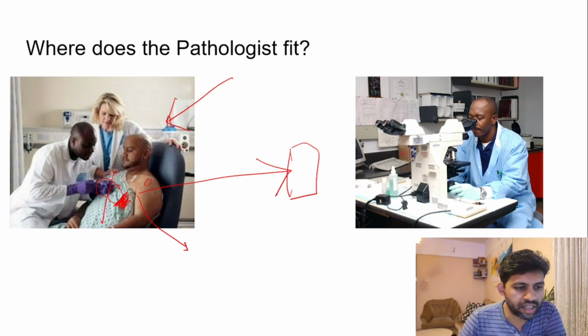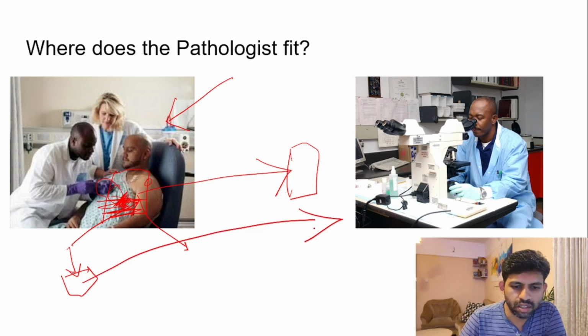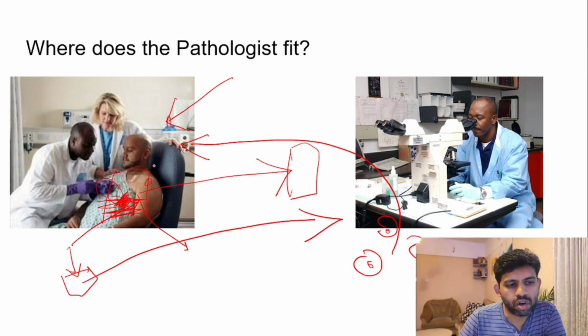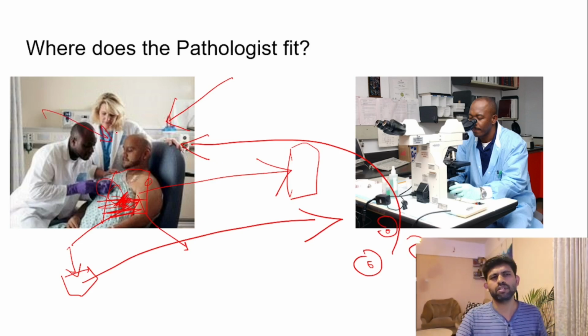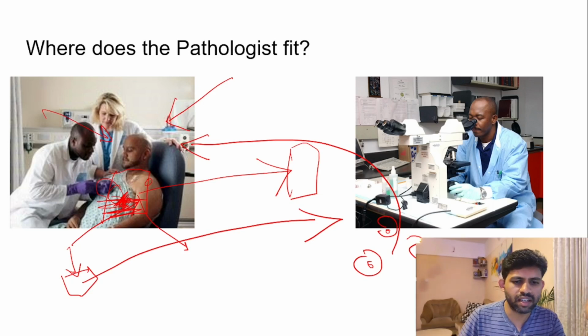Then he'll take an X-ray, and if he sees there is fluid within the pleural cavity, what he'll do is he'll put a needle inside, take out the fluid in a bottle and send it to the pathologist. Pathologist will see the cells and tell the clinician what exactly is wrong with the patient. The clinician can manage accordingly. So this is one of the basic clinical scenarios.